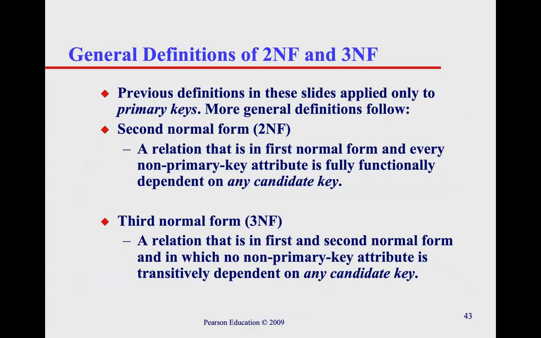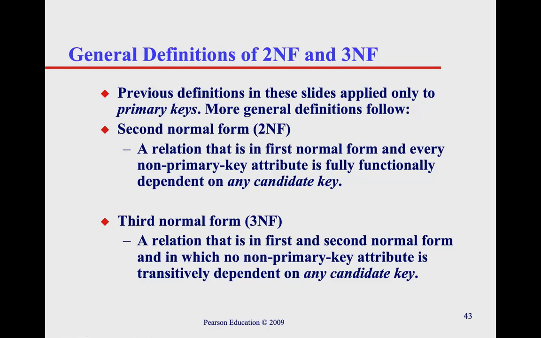So we could say that a second normal form relation is a first normal form relation where every non-primary key attribute is fully functionally dependent on any candidate key, rather than on just the primary key.